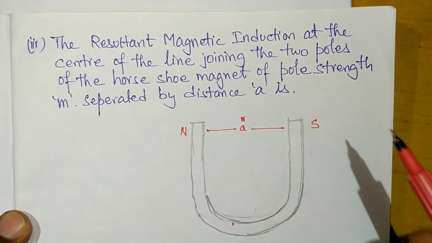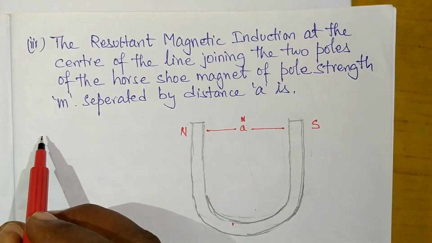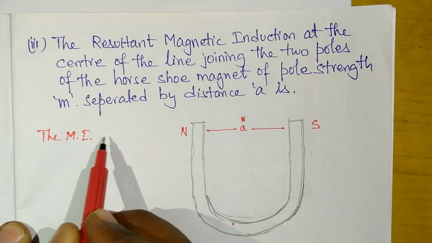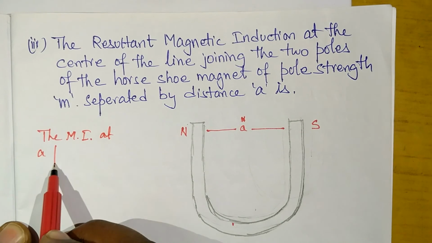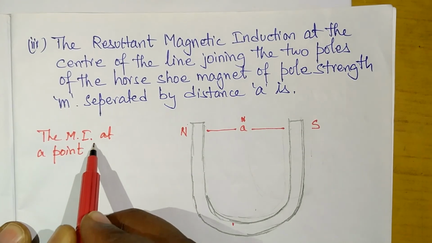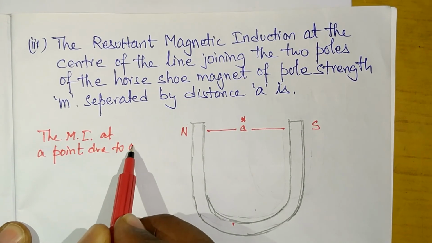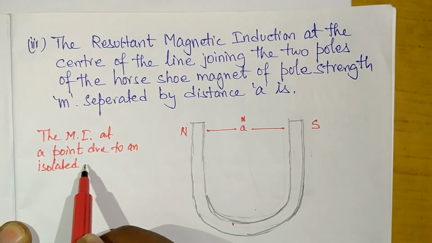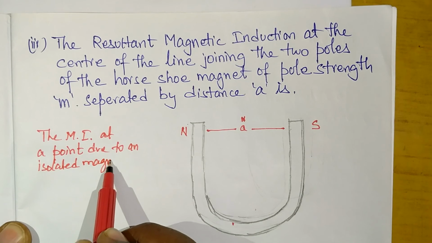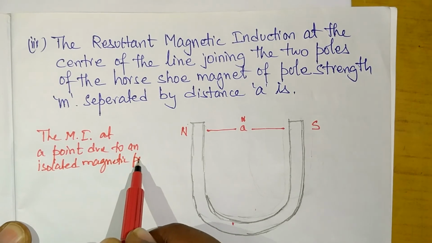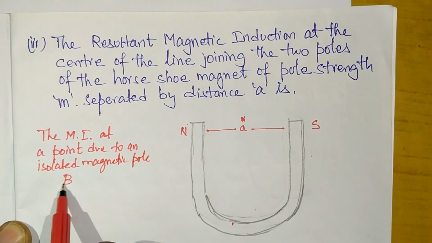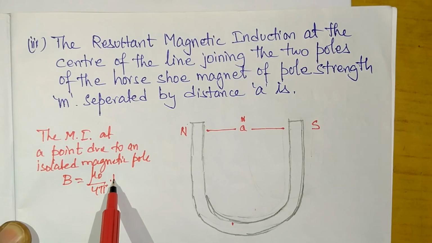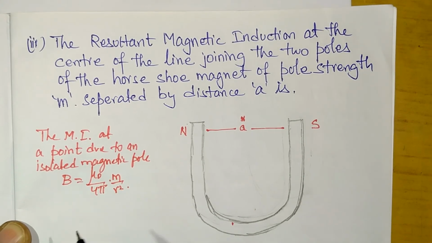Earlier we found a formula: the magnetic induction at a point due to an isolated magnetic pole is B equal to mu naught by 4 pi M by r square.